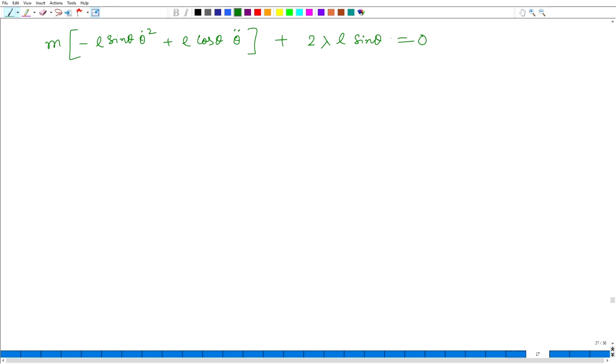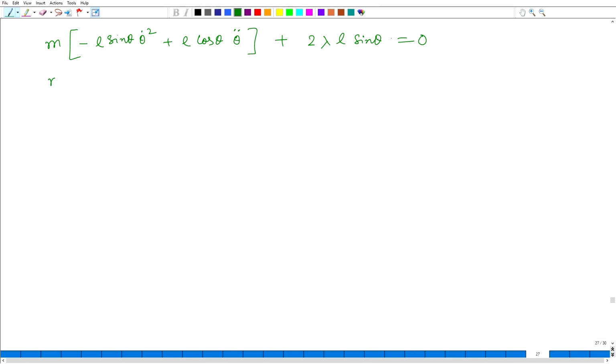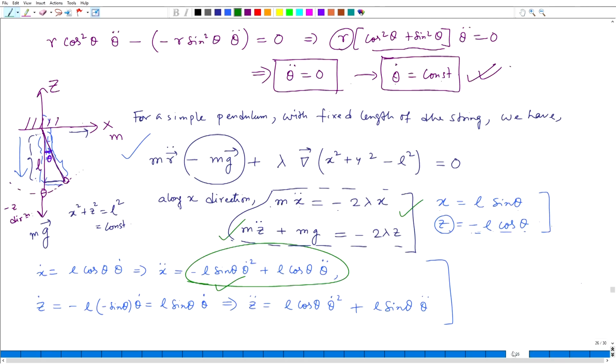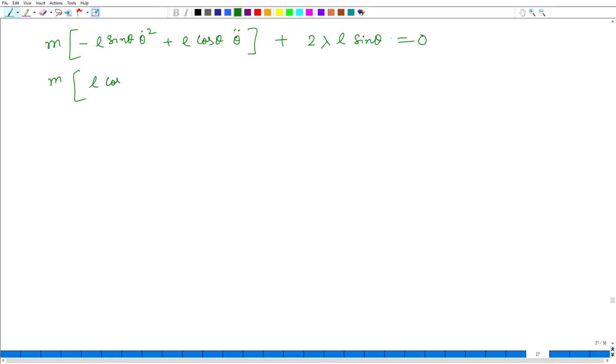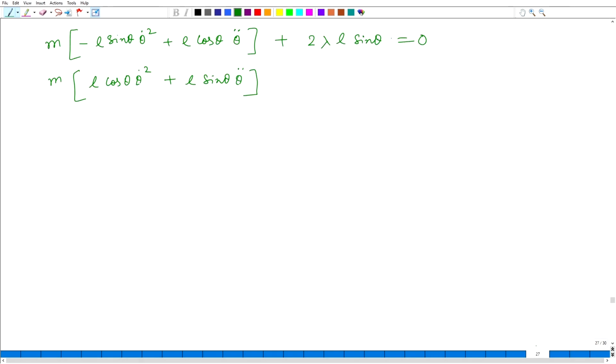Okay. What will be the equation for z? Okay. m z double dot. So, z double dot is this thing, m, okay, L cos theta, theta dot square, plus L sin theta, theta double dot. Okay. So, both the terms have the plus sign.